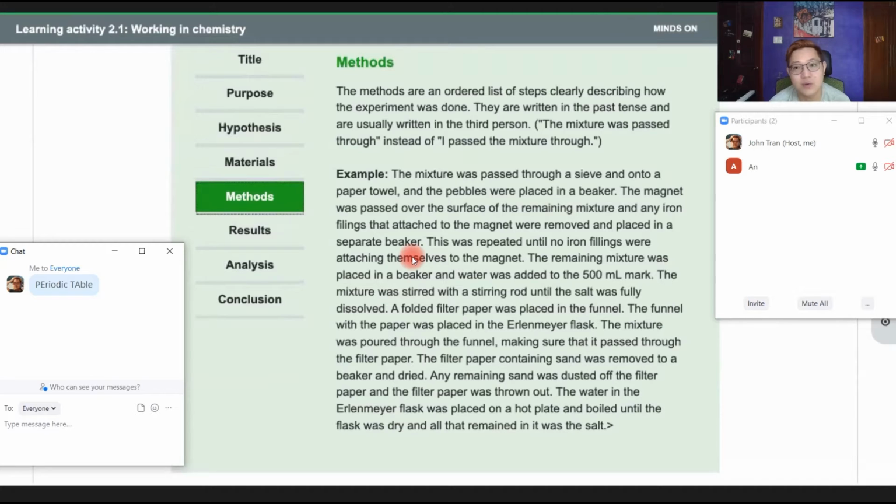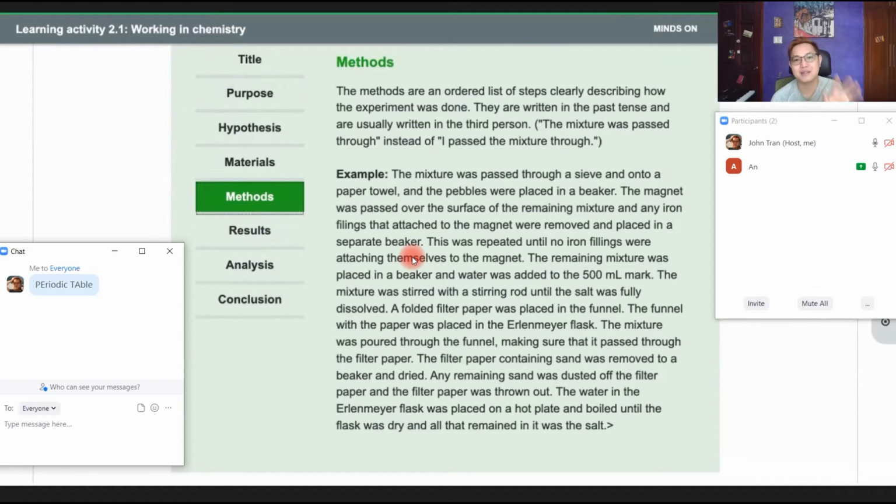Why passive? Because basically we don't want to say who did the action or who is responsible for the action, because that would be redundant. Let's say the student mixes this with that, the student passes the gas into this tube. You don't want to always mention who did the action.